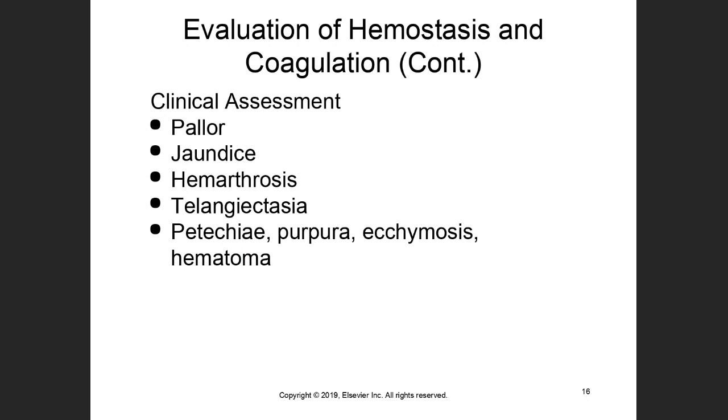Okay, clinical assessment: pallor, jaundice, hemarthrosis. Hemarthrosis is extremely important, okay? Why? Because that's basically how you differentiate hemophilias, okay? Hemophilia, hemarthrosis, okay? Also, we have telangiectasia, petechiae, purpura, and so on.